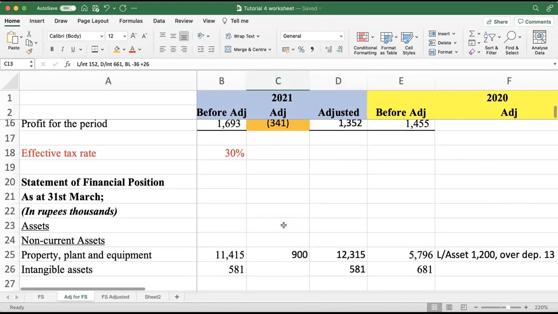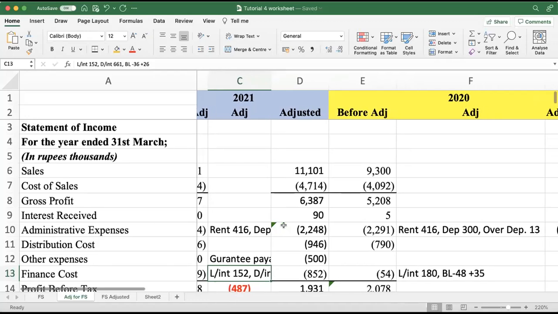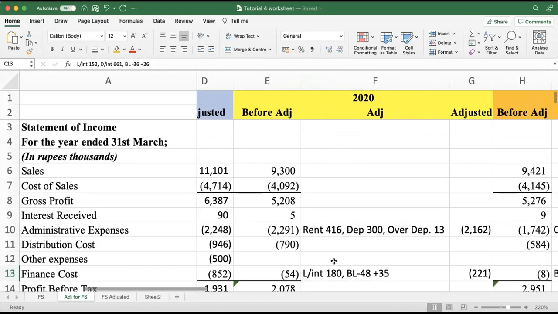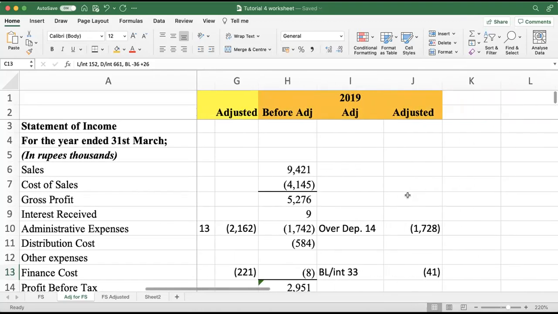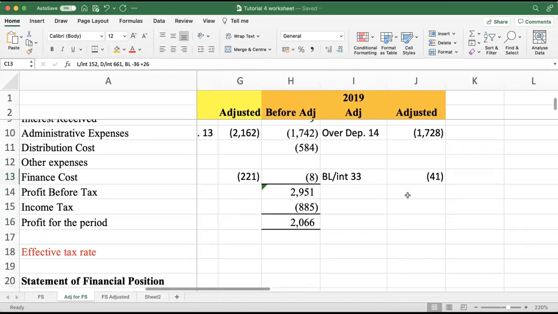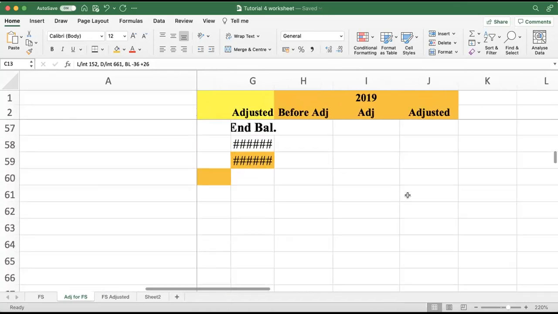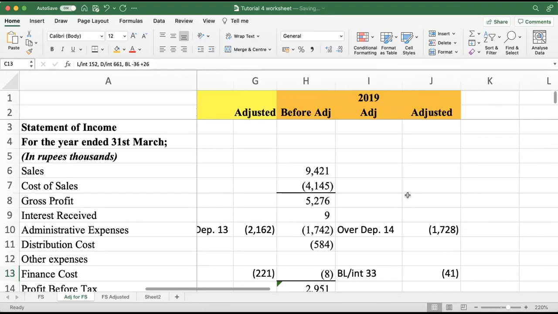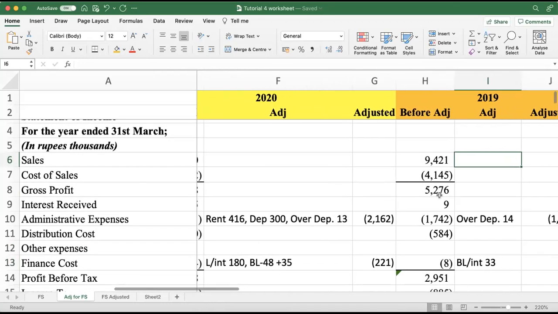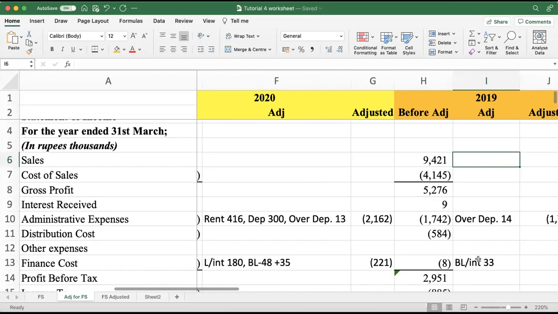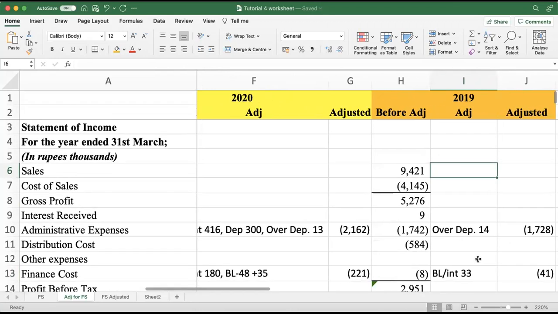So similarly, you can complete the adjusted values for 2020 and 2019. You can complete the adjusted value column for 2020 and 2019.